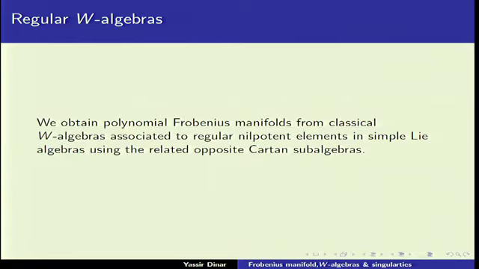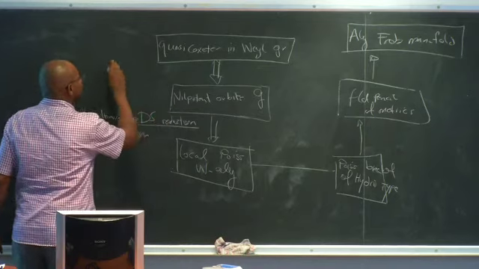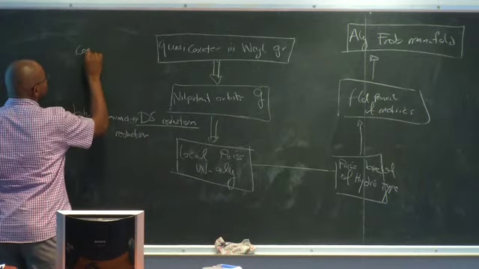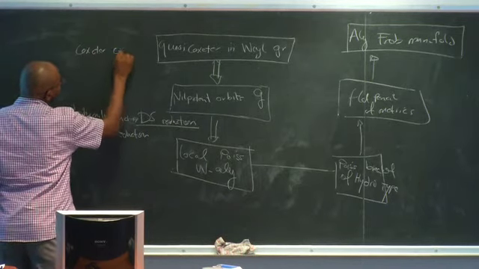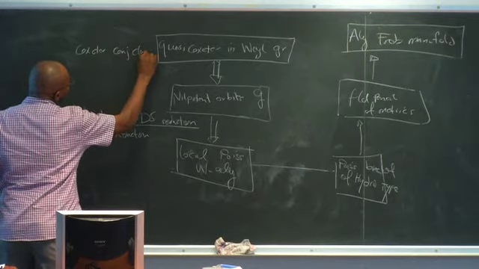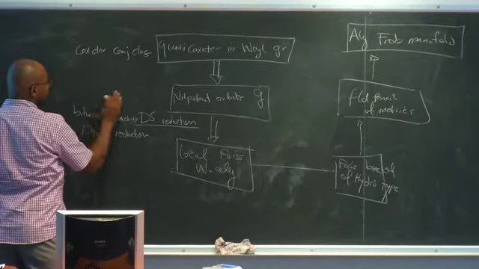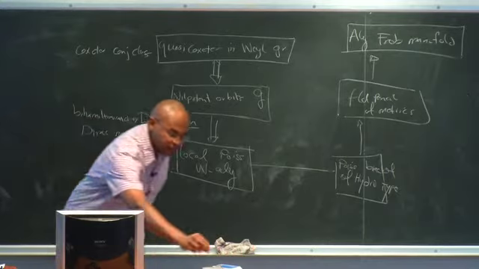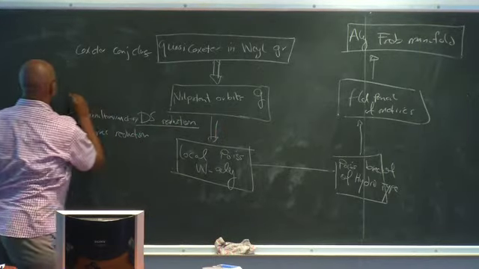And we also succeeded to do this uniformly for all polynomial Frobenius manifolds. So we have the relation between quasi-Coxeter conjugacy classes in the Weyl group and nilpotent orbits. If you take a Coxeter conjugacy class, it will give you a nilpotent element called the regular nilpotent element.